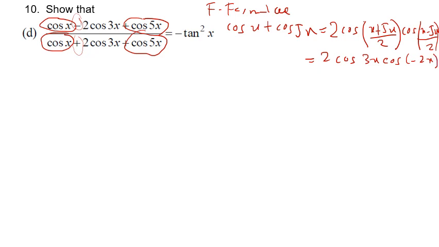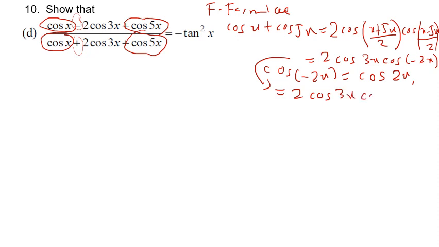And also we already learned previously that cos negative 2x is equivalent to positive cos 2x, right? So we can simplify. Now it becomes negative 2 cos 3x cos 2x. After we simplify this, we can substitute back into the question. Don't forget, we start with the left hand side.